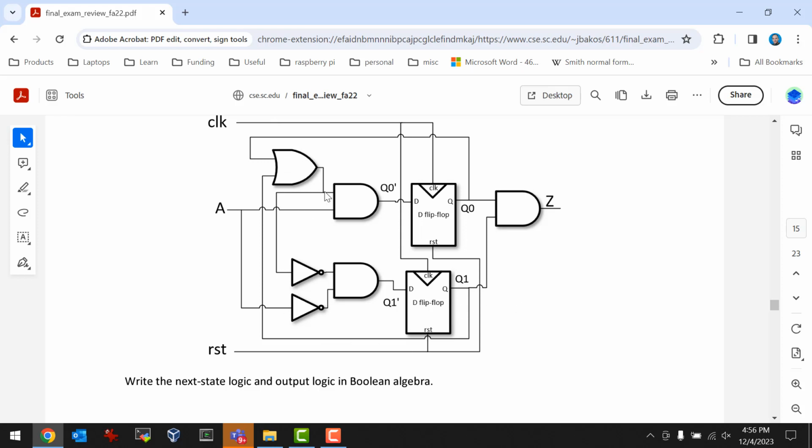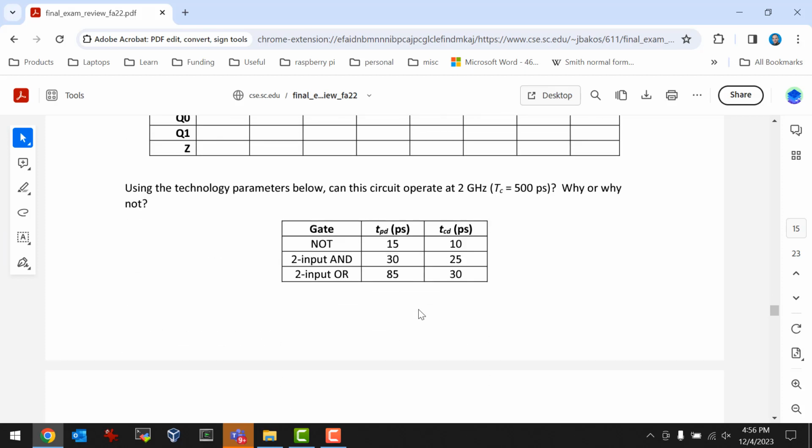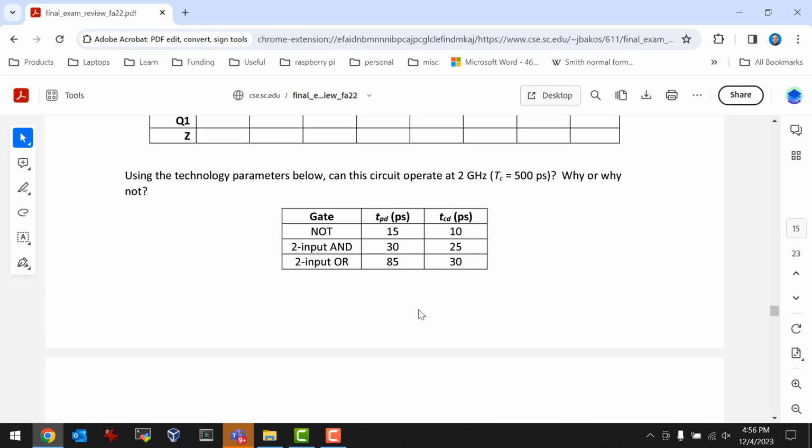You already know how to do this from 211. The only thing that's new is this notion of next state logic. The next state logic is the input to the flip-flop, and the current state logic is the output of the flip-flop. You should have learned that in 211, but I don't know why they don't cover that.